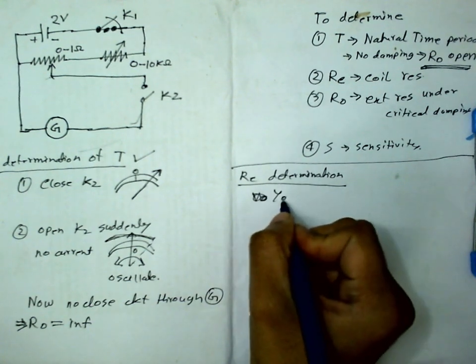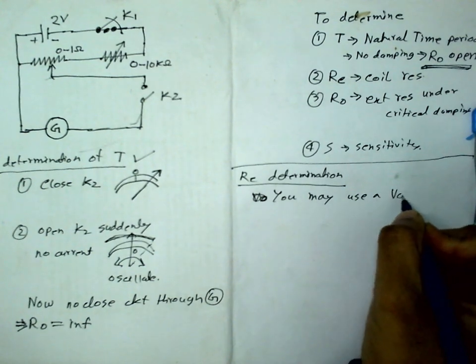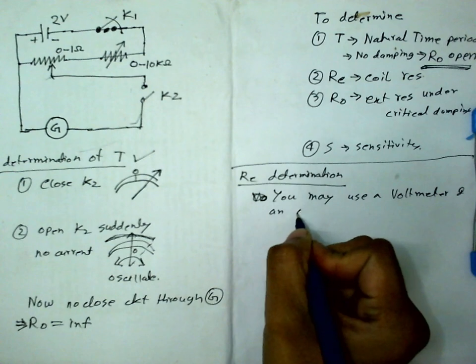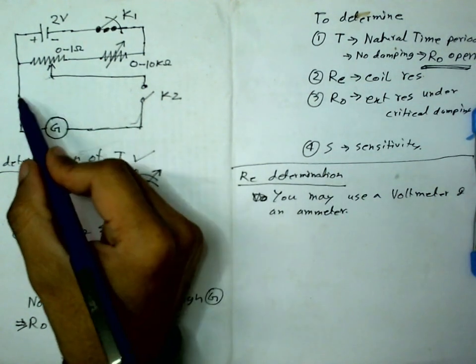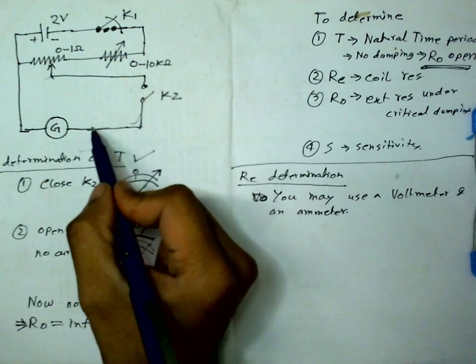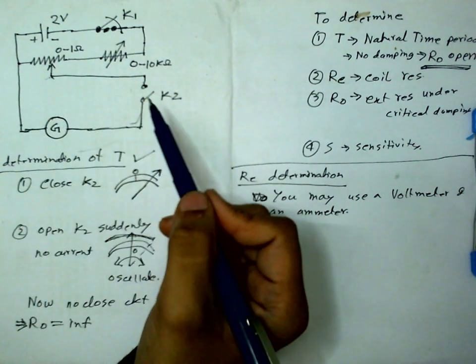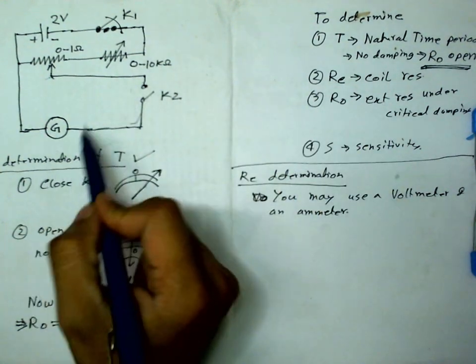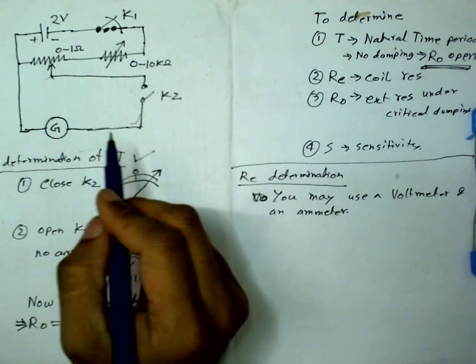You may use a voltmeter and an ammeter. So basically pass some current through it, measure the current with an ammeter, measure the voltage across it with a voltmeter, divide the voltage by current. Ohm's law will give you the resistance of the galvanometer. Like any other resistance, you can measure it in that way.